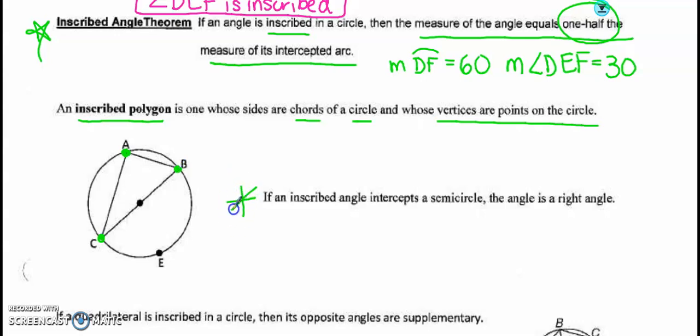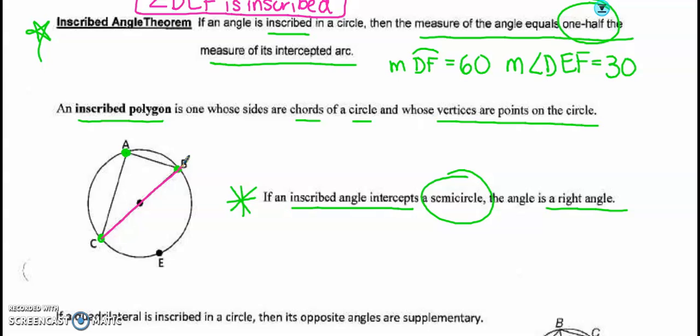There's no point in there. And this is a major thing here. If an inscribed angle intercepts a semicircle, the angle is a right angle. So let's reason this picture over here. CB is a diameter of this circle.